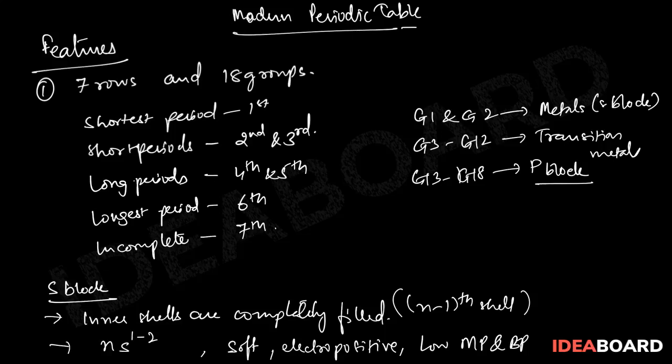They have a fixed valency, which is also a very important feature, and most of them give color to the flame because excitation of the electron from their valence shell is very easy.